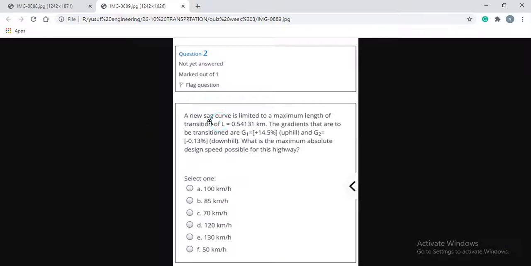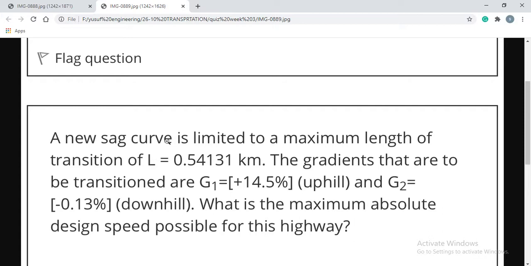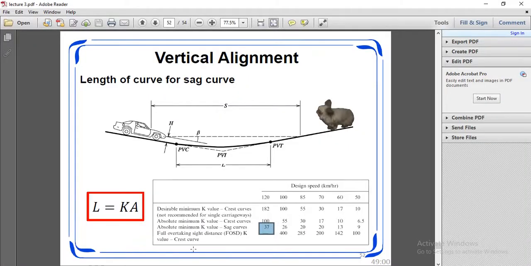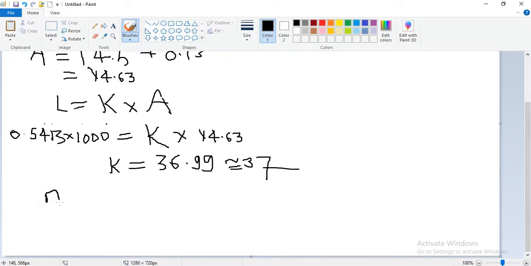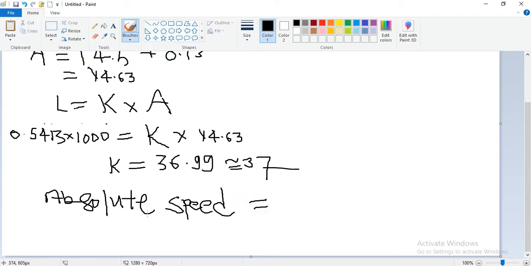Now here in the table we can find from this sag curve, the value of K is 37, so the desirable speed will be 120. So the absolute speed will be 120.